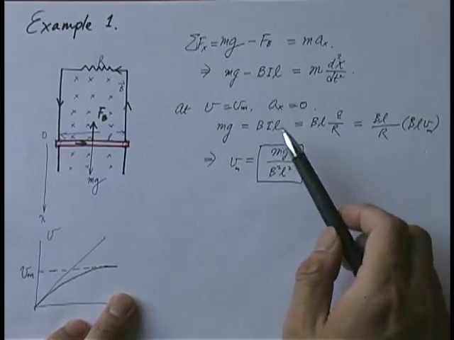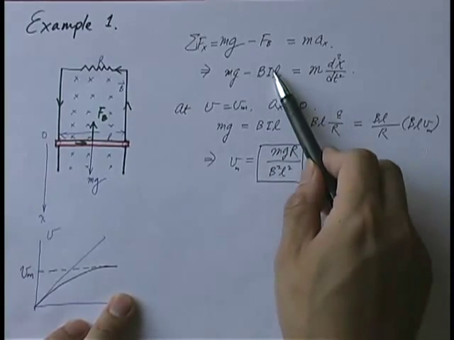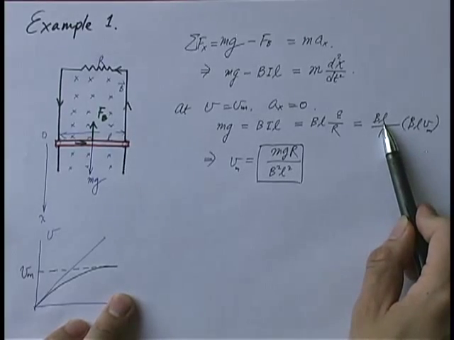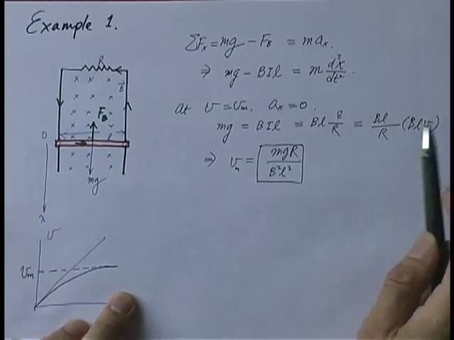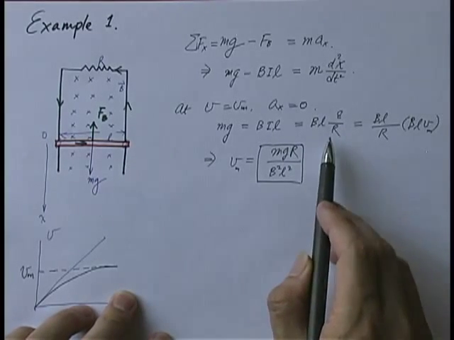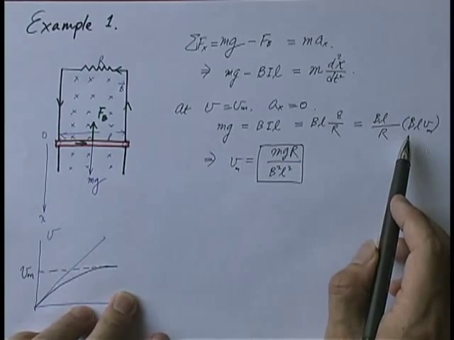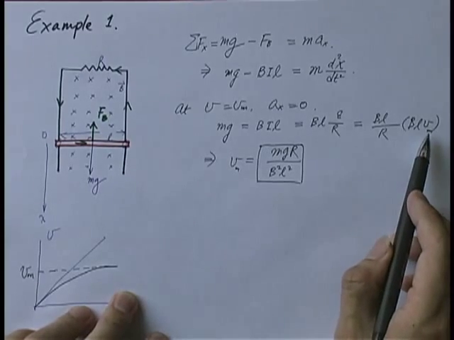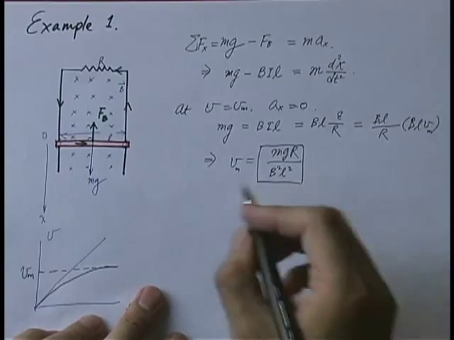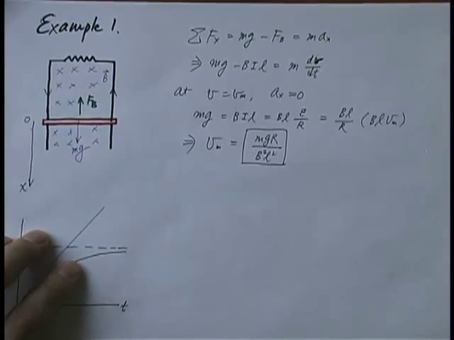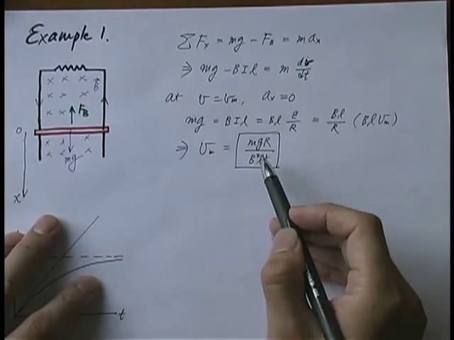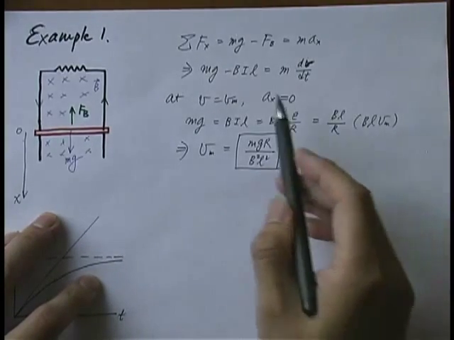We're going to plug this expression of BIL into here. BIL, as you know, equals B squared L squared V over R, right? Because you go from here to there, it's Ohm's law, and from here to there, it's just motional EMF. Now we cannot use V maximum, we can simply use V, because we haven't necessarily reached the final value yet. I'm going to write down the equation by plugging this expression into here.